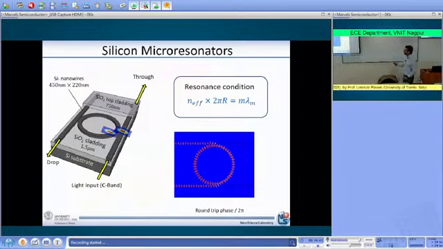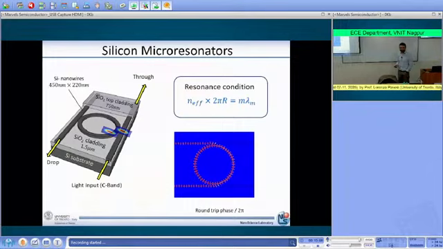So the resonance condition is that the effective index of the mode multiplied by the physical length, which means the circumference of the microring resonator, should be equal to a multiple of the wavelength. Okay? So this is one of the most important equations to describe the physics of the microring resonator.